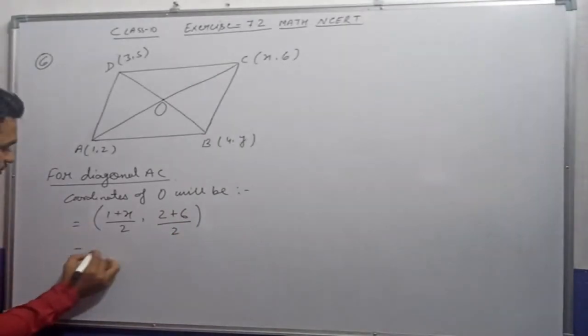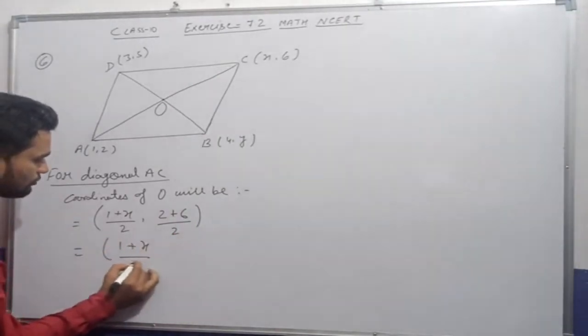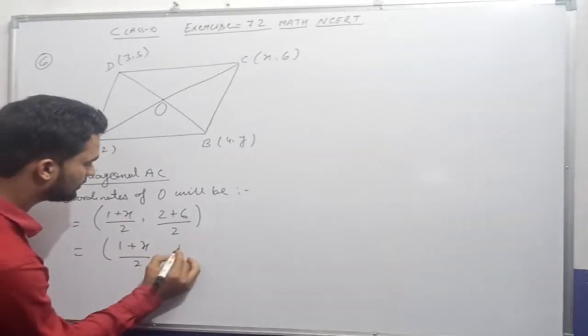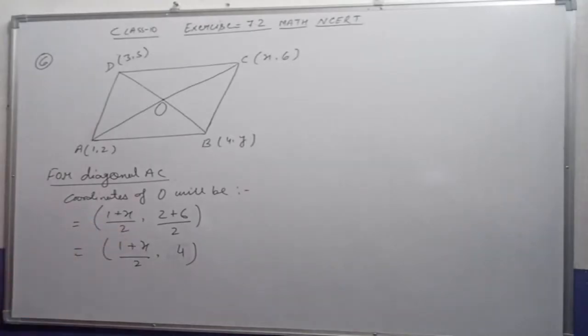So which will be equal to (1 plus x) by 2 comma 8 by 2, which is directly 4. This is for AC.